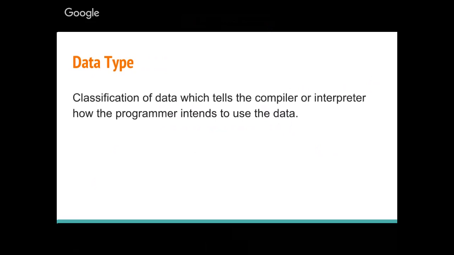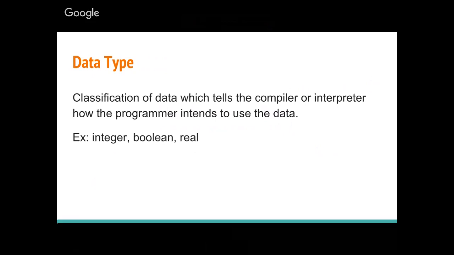Is it going to be integer data? Are integer operations going to be performed on it? Or is it going to store strings, characters, etc.? So primitive data types like integer, boolean, real come into it.